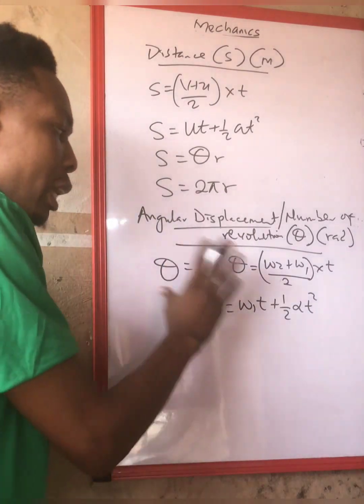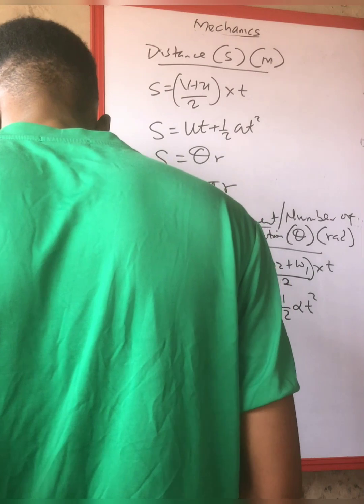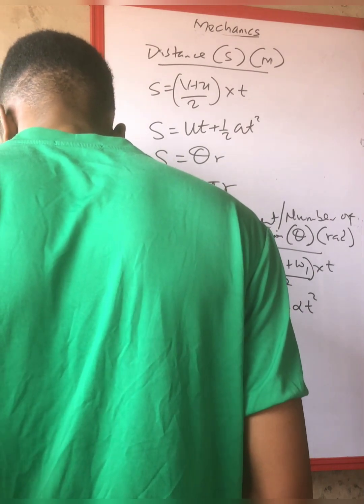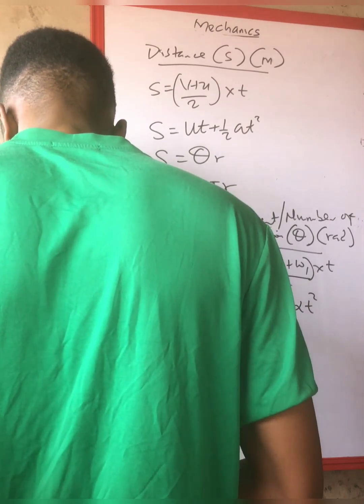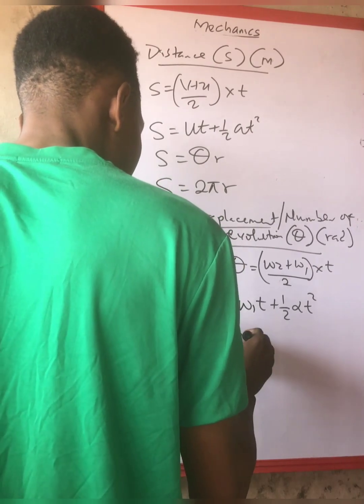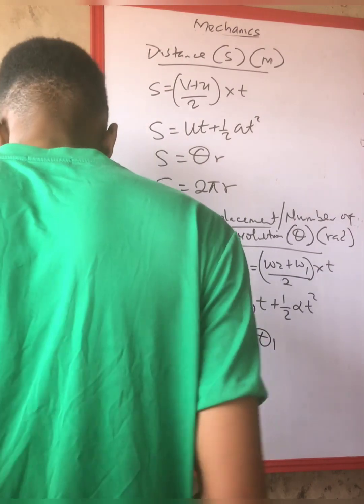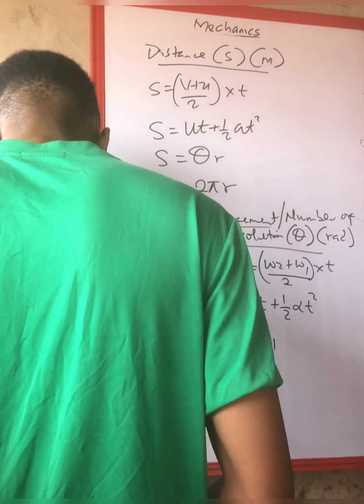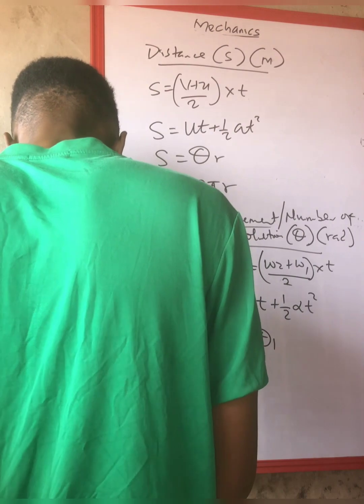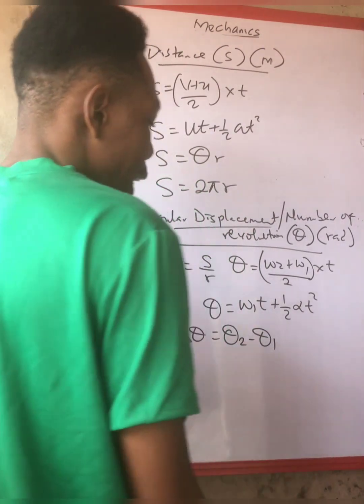So these are the formulas for theta. We also have our change in theta equals theta 2 minus theta 1. So these are the formulas for theta.